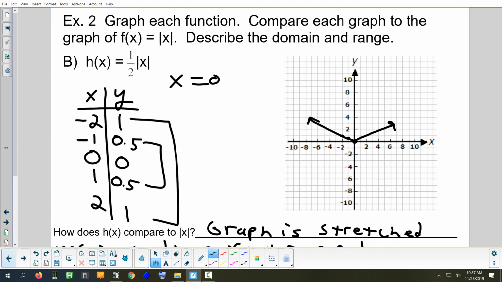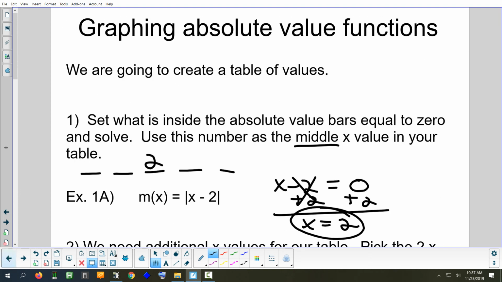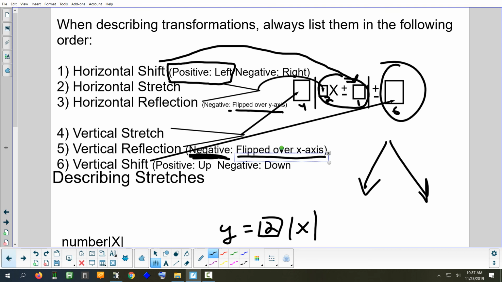It's inside, and it's right next to the x. What box is inside the bars, right next to the x? Box 2. So what is box 2? What is it called? It's what kind of stretch? Horizontal. So box 2 is called a horizontal stretch.